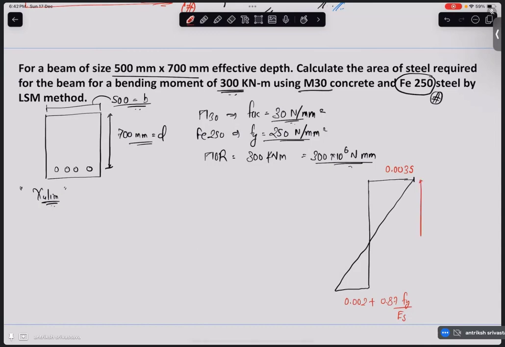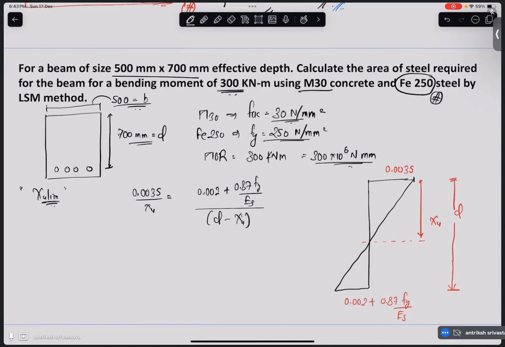And then this is your depth of neutral axis, Xu, and this is your effective depth, d. Now, same as we did in WSM, use similarity. 0.0035 divided by Xu is going to be equal to 0.002 plus 0.87 fy divided by Es, divided by d minus Xu.